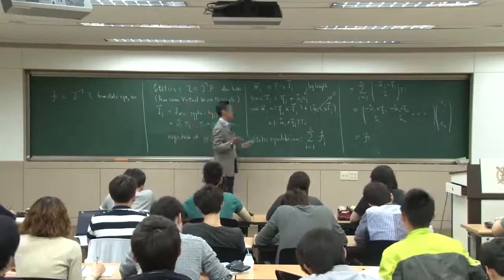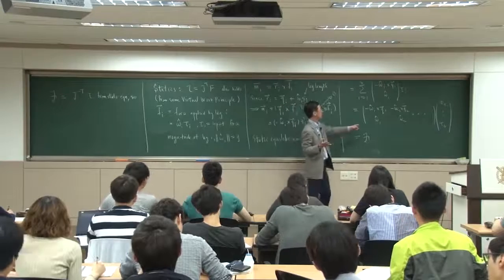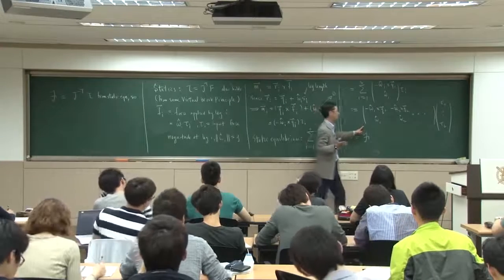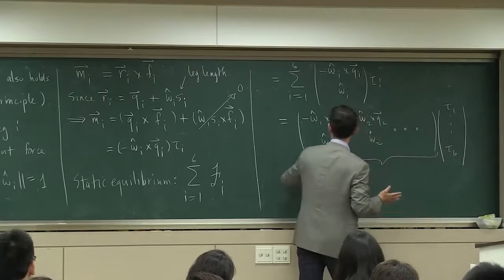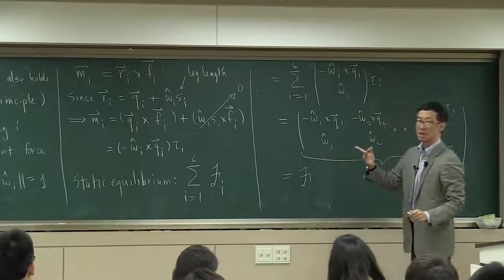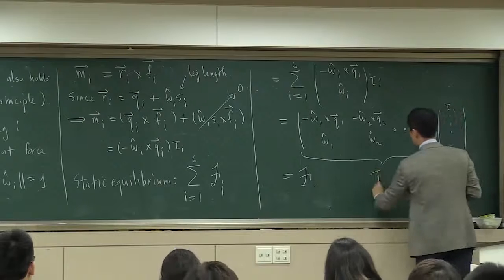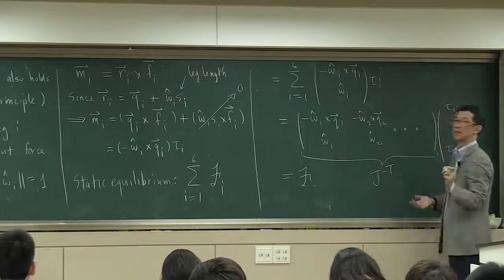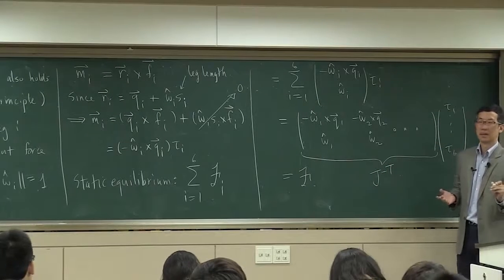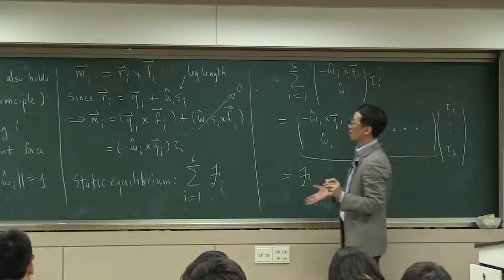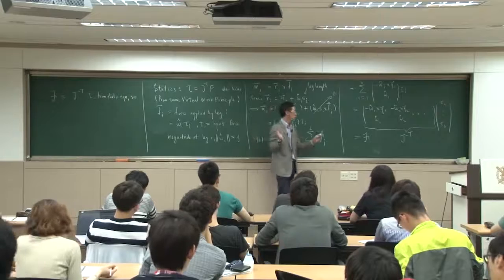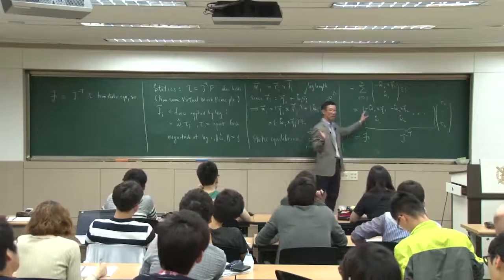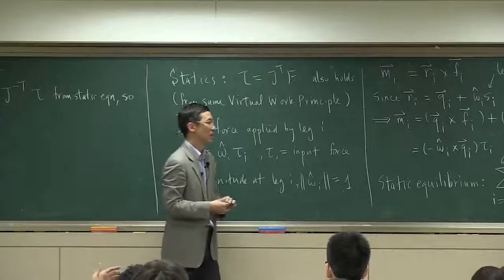We know that it's this matrix here, this matrix here must in fact be J inverse transpose. So if I want the Jacobian, I need to take the inverse transpose of this.